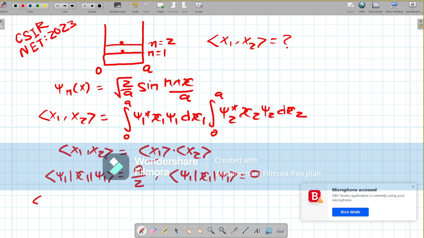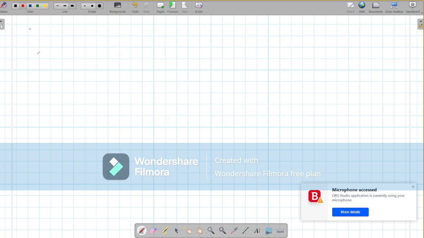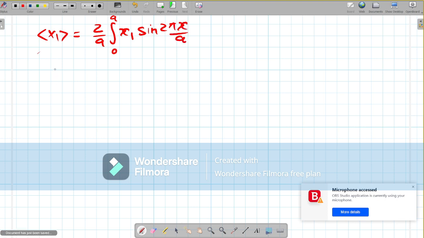So now for x1, the integral 0 to a of psi 1 star x1 psi 1 dx1. So the expectation value of x1 is equal to root 2 by a times root 2 by a, which becomes 2 by a, integral 0 to a of x1 into sine square pi x by a.